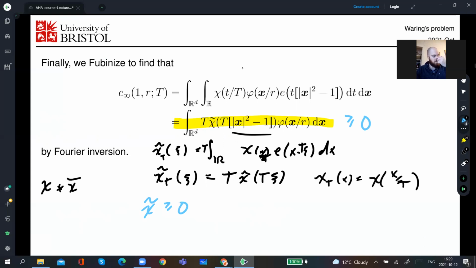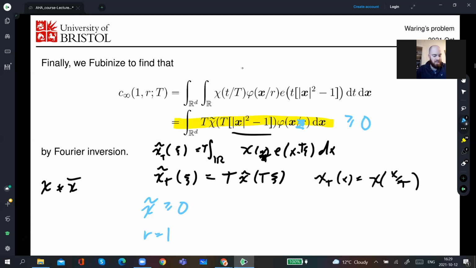You can also see, from just thinking about it for a moment, that if you take, say, r equal to 1, then that's a 1 here, so that is just phi of x.